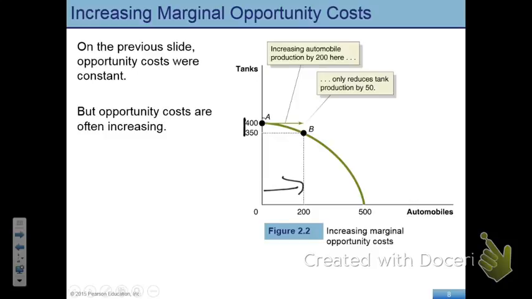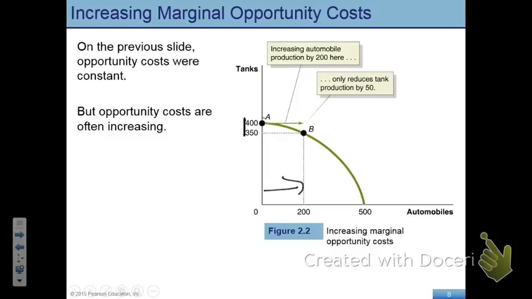When you take those resources away from the tank industry and force them to work in automobiles, will they really be productive? Will they really be effective? So this is like making a non-skilled person develop software for which he doesn't have any skill at all, right? Make sense? Skills are important, right?